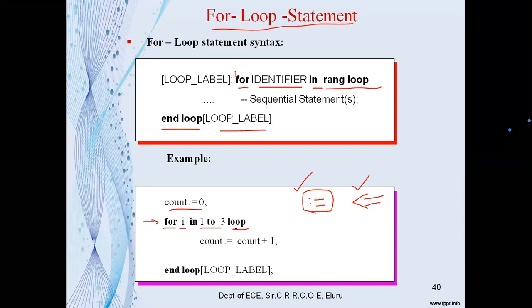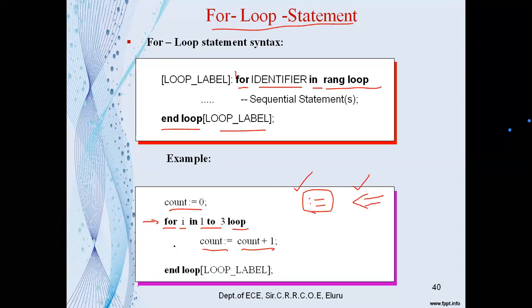Once the iteration process is done, it will simply come out of that loop. Here we have used a variable, and the variable is assigned the value of the variable plus 1: count plus 1. The initial value of count is 0, and each time you add 1 to this count.